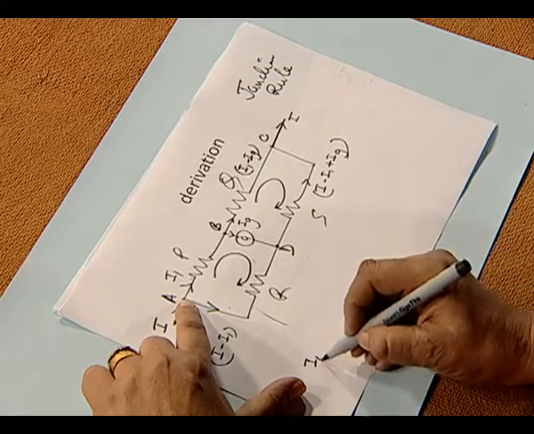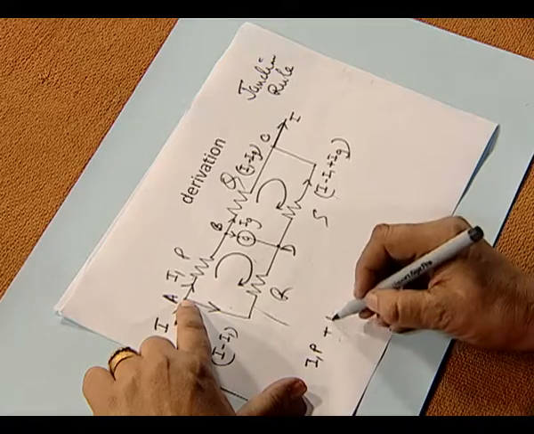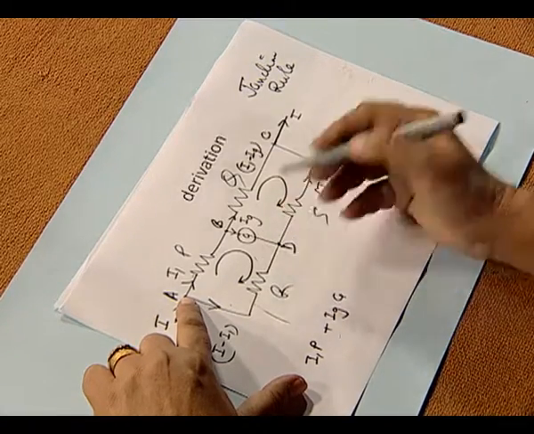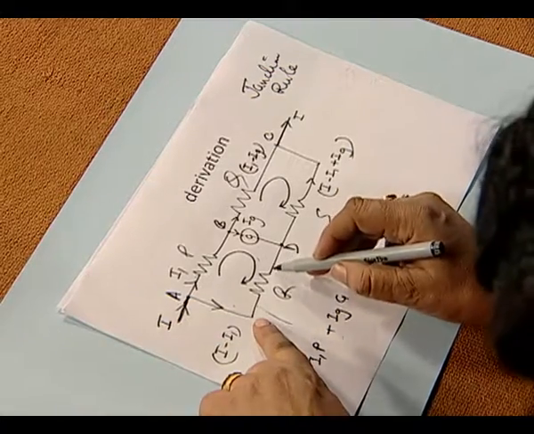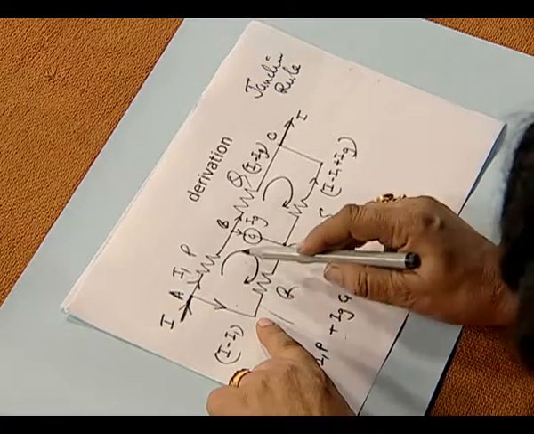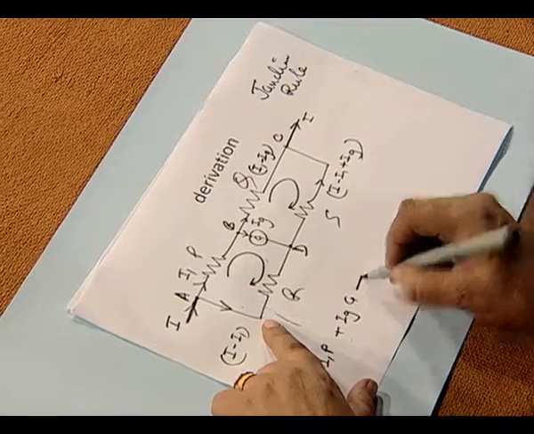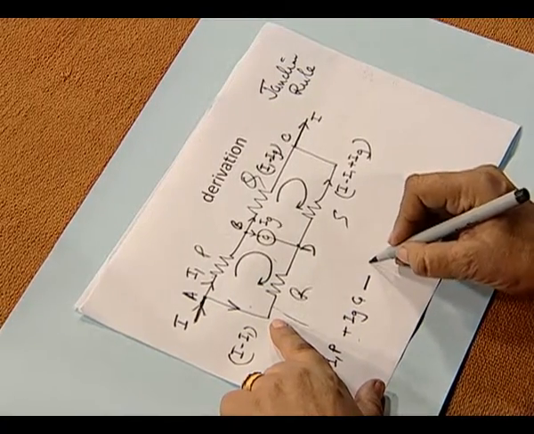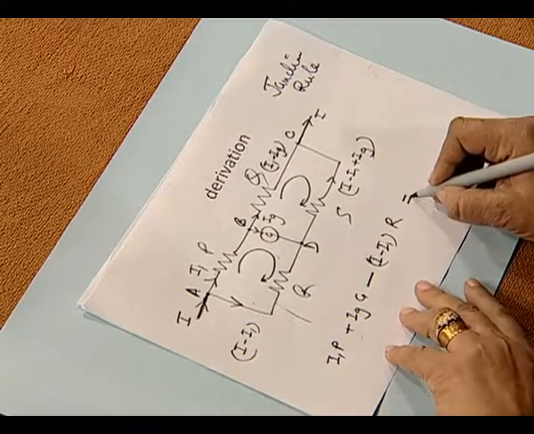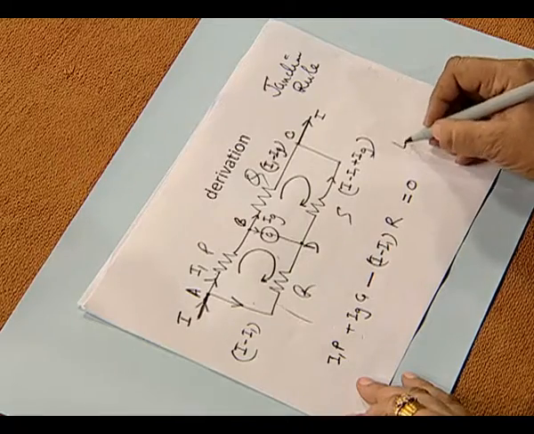So, I 1 P, through this section the current is I g. So, I g into the resistance of the galvanometer, let us say it is G value. Now, the current is flowing opposite to the direction of the loop. The current is like this and the loop is considering it in the opposite direction. So, I put a minus sign and I say I minus I 1 multiplied by R, and this should add up to 0 from our second rule, which is our loop rule.